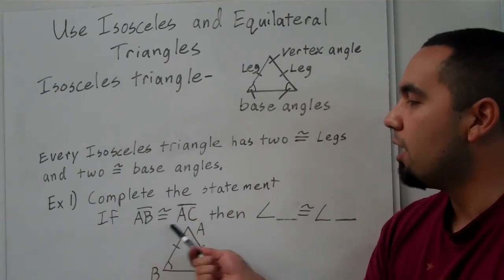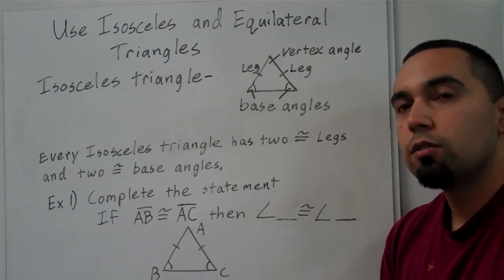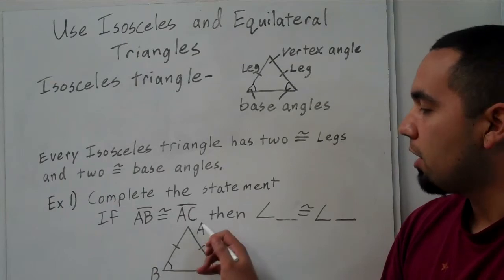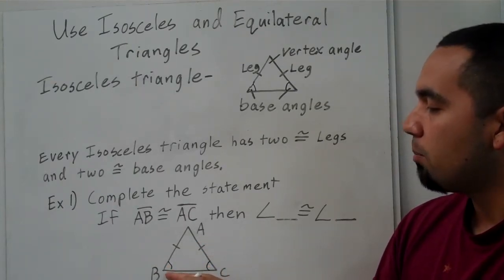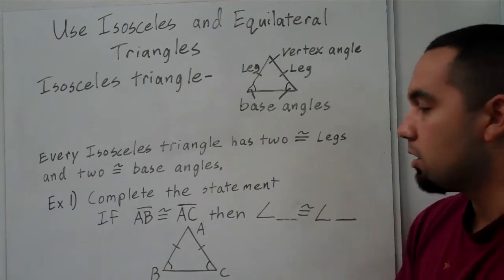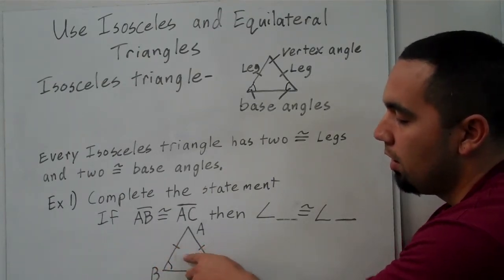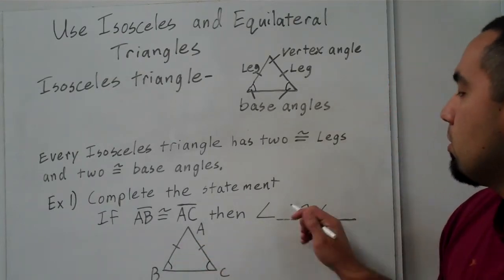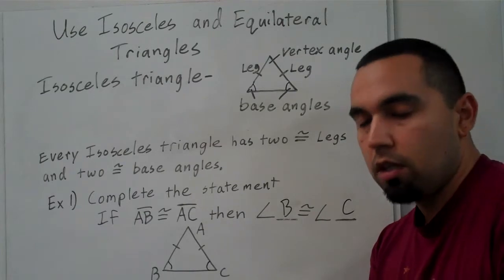If side AB is congruent to AC, then what angles are congruent? So here's AB, here's AC. Well, we can see that B must be congruent to C because this angle is opposite this one, and this angle is opposite that one. So angle B must be congruent to angle C.